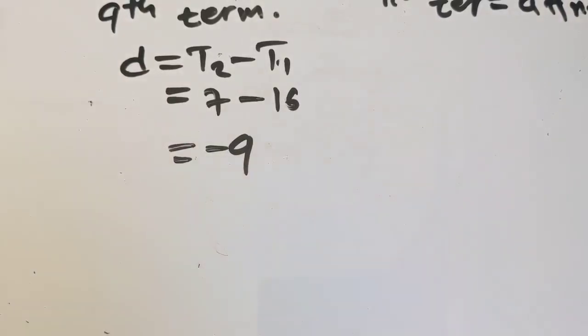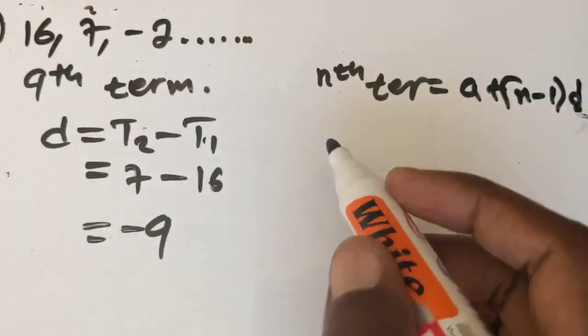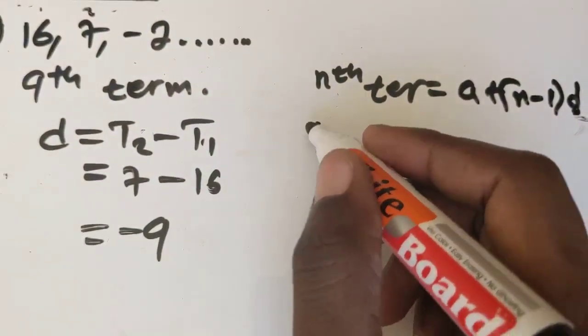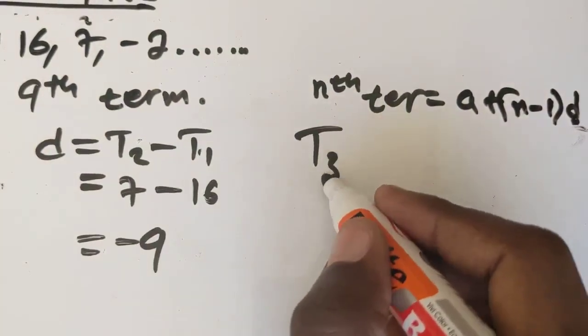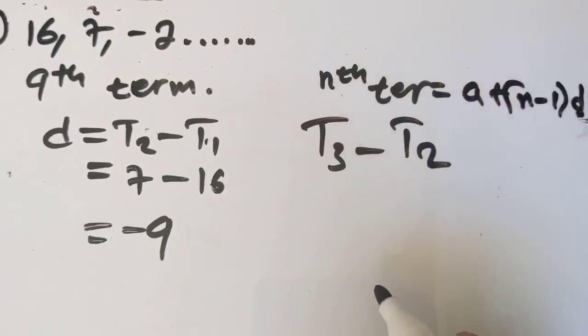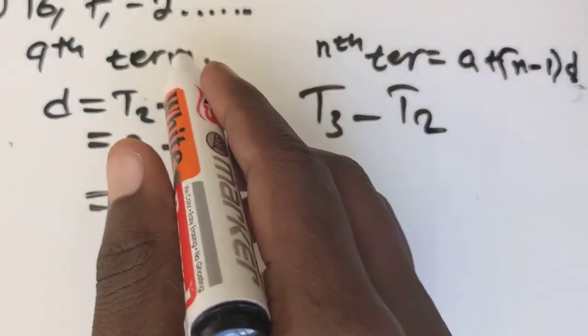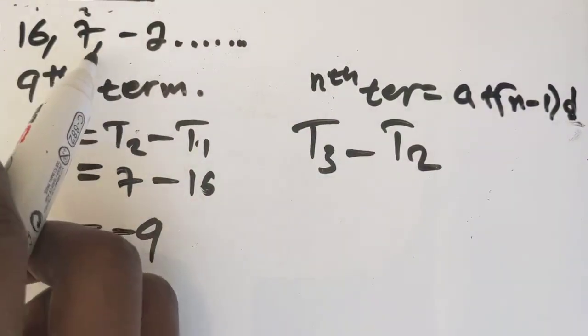Let's try to use another formula here. Since we have 3 terms, let's try to use term 3 minus term 2. What is the common difference? This is term 1, term 2, term 3.